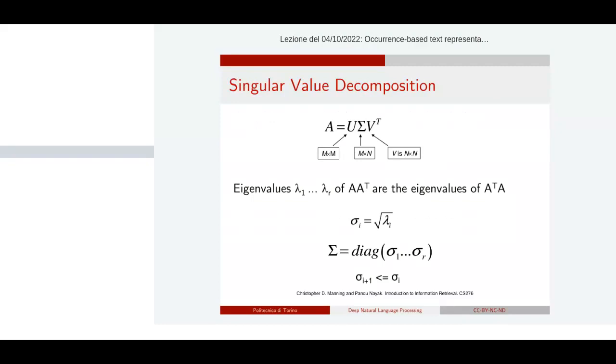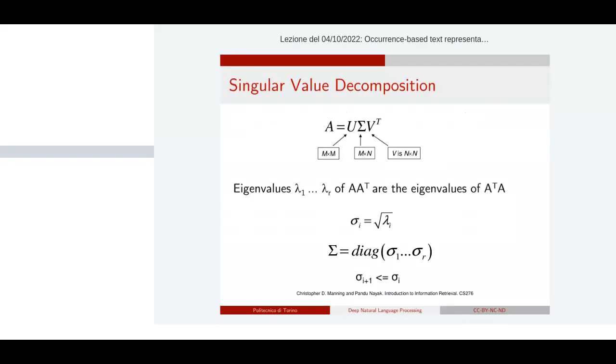Sigma is actually the square root of the eigenvalue. So uppercase sigma is a diagonal matrix composed of non-zero values, which are lowercase sigma. Each lowercase sigma, like sigma 1, sigma 2, sigma 3, weights the importance of a given topic.